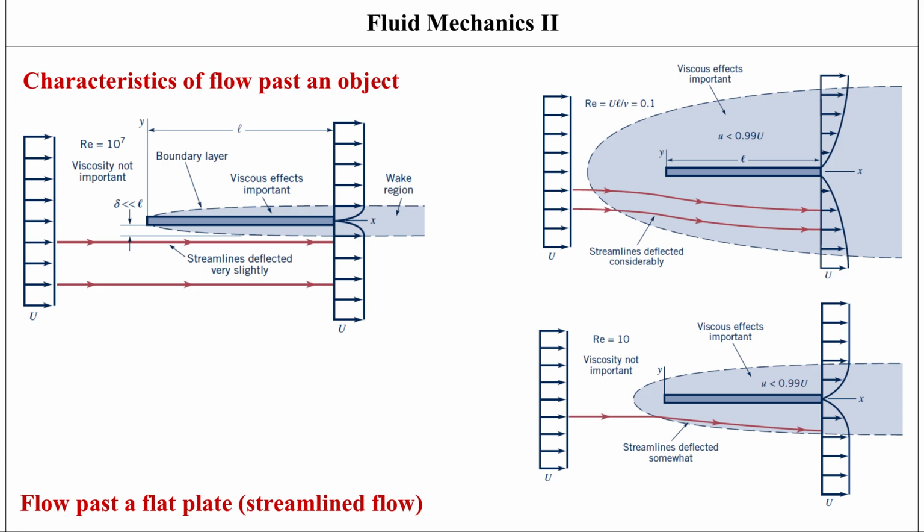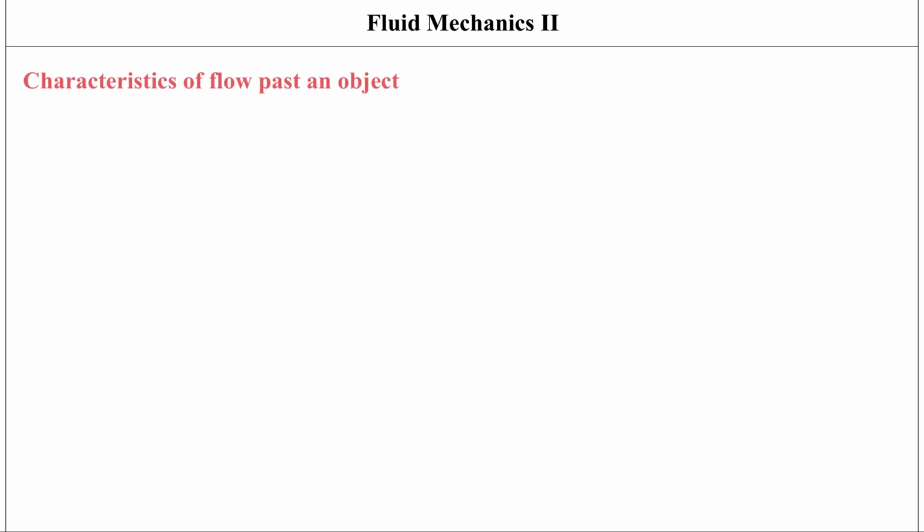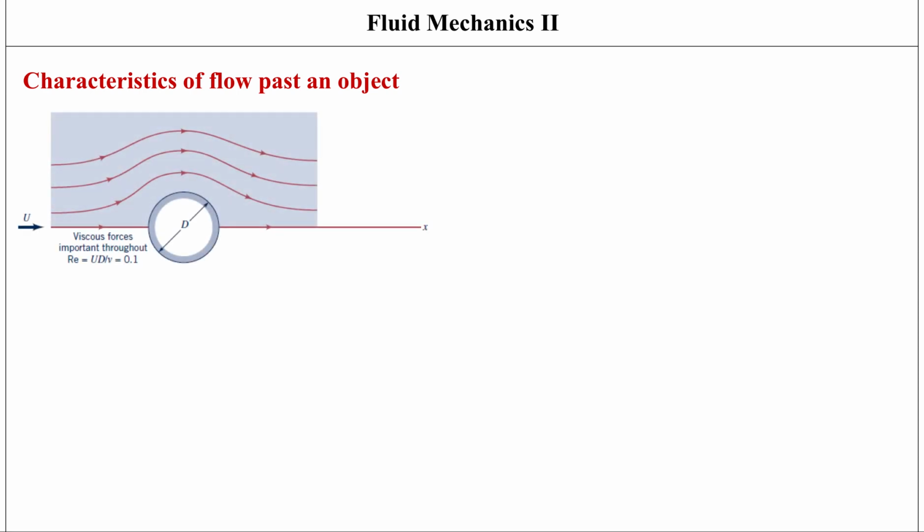And one of the examples for it is the circular cylinder. So then we have to look at that circular cylinder and how the flow varies across that circular cylinder based on, let's say, the changing Reynolds number.